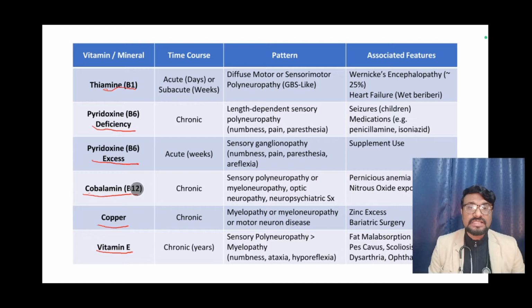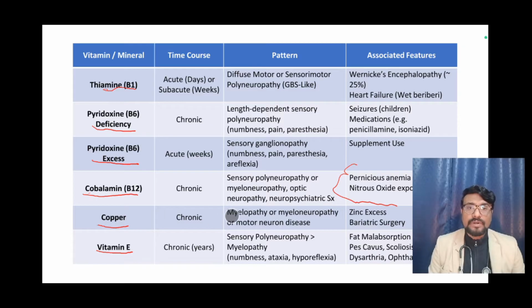Cobalamin deficiency will lead to sensory polyneuropathies or myeloneuropathies, optic neuropathies, and neuropsychiatric features. These patients will present with pernicious anemia, and nitrous oxide exposure can lead to cobalamin deficiency.